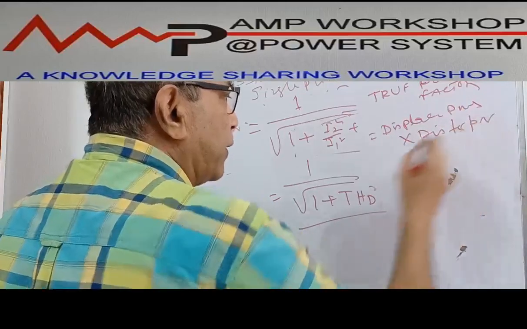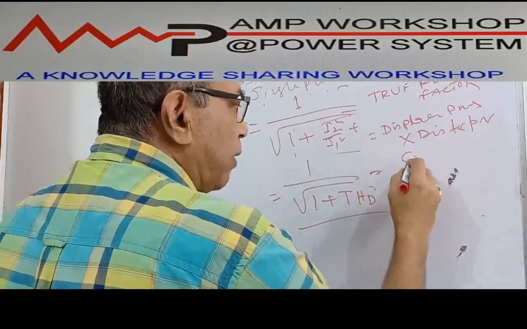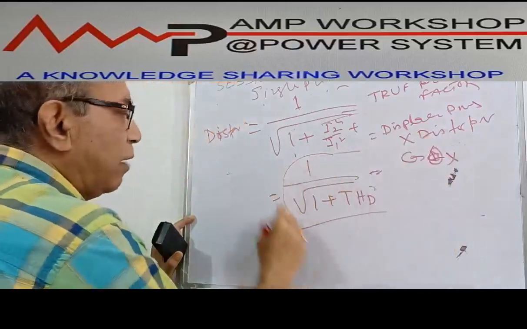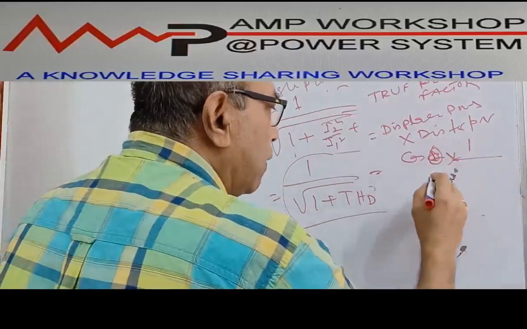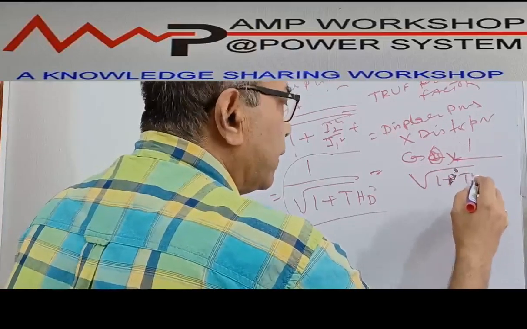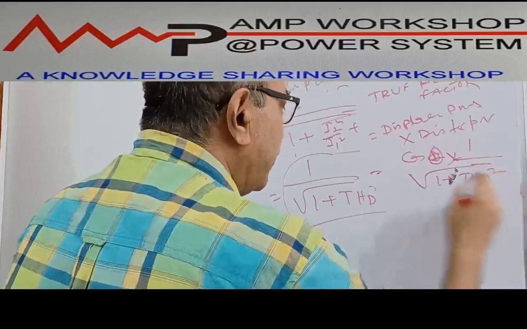The displacement factor is cos phi, that is cos theta, and the distortion power factor is 1 by the root of 1 plus THD squared.